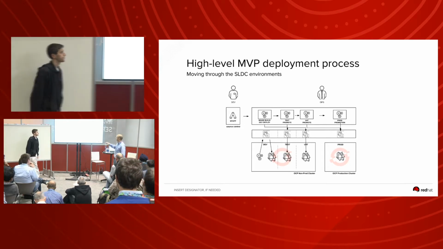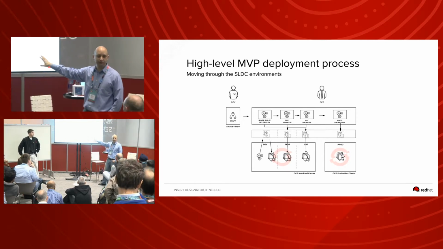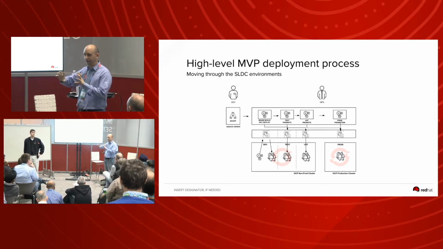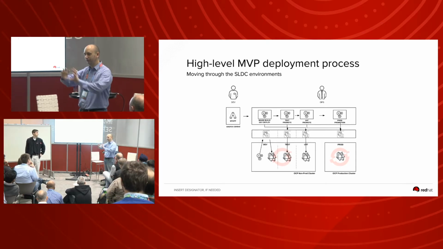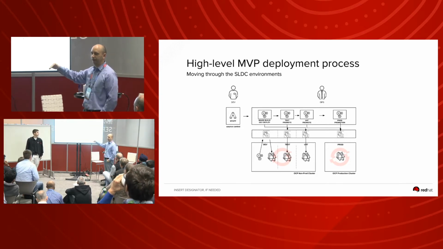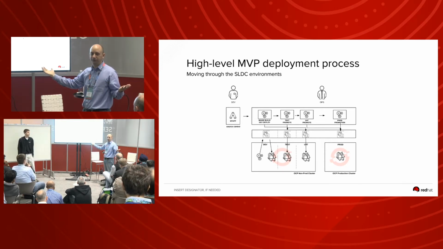One thing I want to add: we call this the MVP pipeline, minimum viable product, because your pipeline is going to have much more. But today we focus on the mechanics. All right, so moving stuff around from one environment to another. Your pipeline will also have validation steps, and that's completely up to you which ones they are.